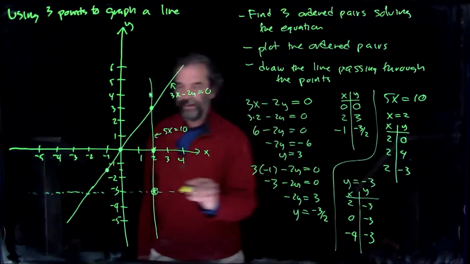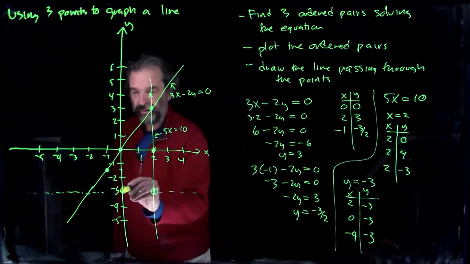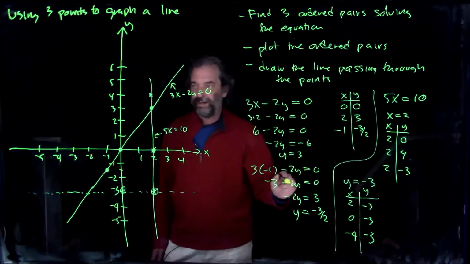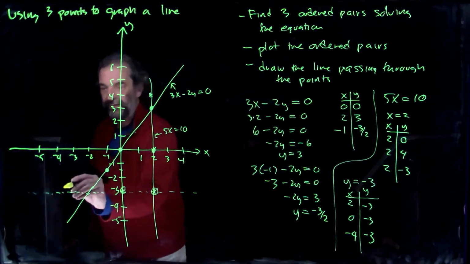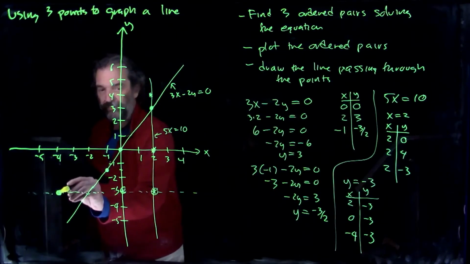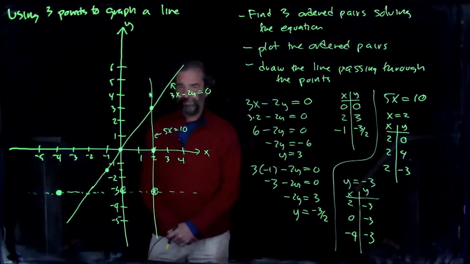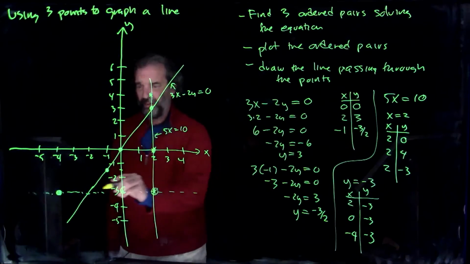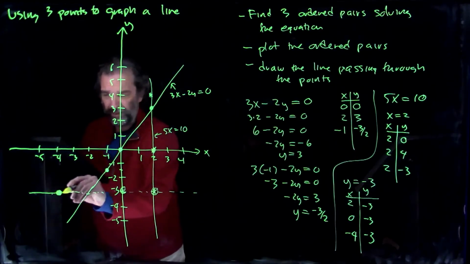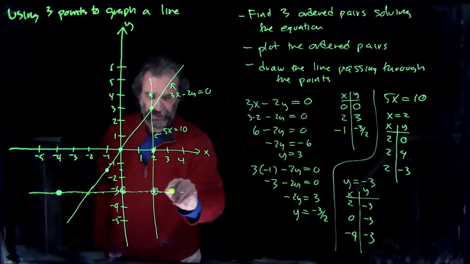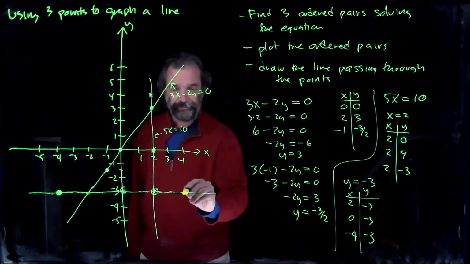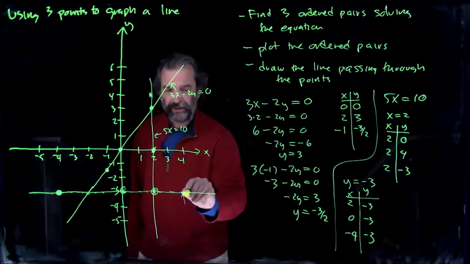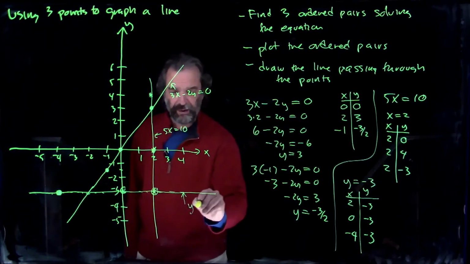X is 0, y is minus 3 is over here. And x is minus 4, y is minus 3 down here. And so we've got those lining up as a horizontal line. I'll just try to sketch it in. Off we go. And we'll label that one. It's the line with equation in standard form, y equals minus 3.